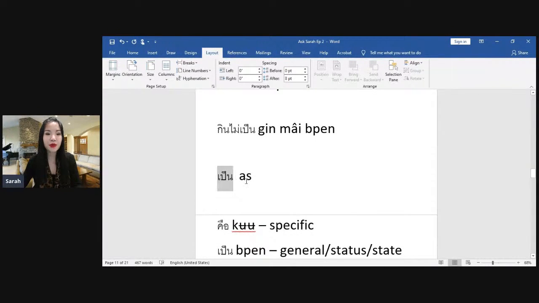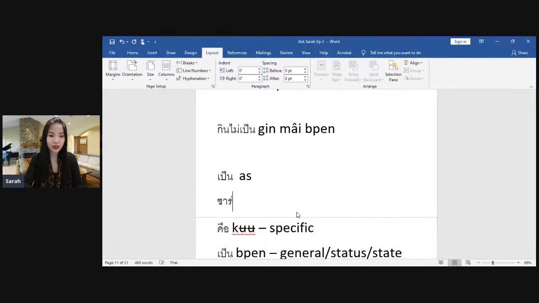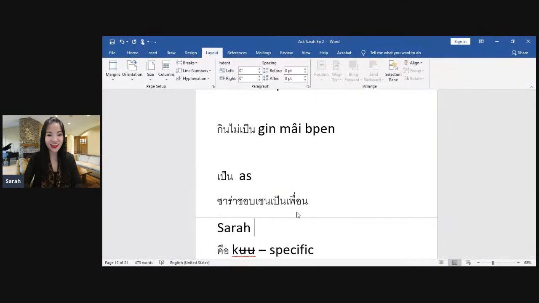Sorry, we use the word เป็น if it's the word 'as' in English. For example, I say Sarah ชอบเชนเป็นเพื่อน.